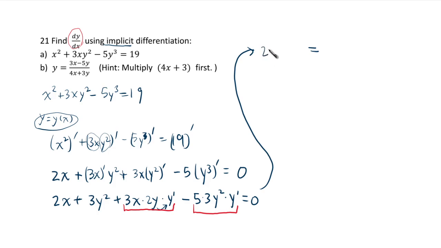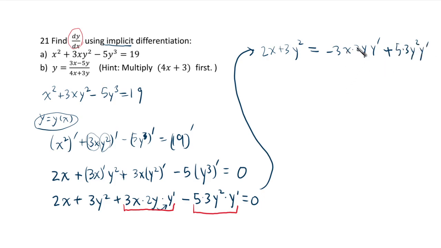On one side, 2x plus 3y squared, the shirtless guys are there. On the other side, these things have to move. Whenever you move a term, it gets the opposite sign. So plus 3x times 2y y prime will be minus 3x times 2y y prime. And then minus 5 times 3y squared y prime would be plus 5 times 3y squared y prime.